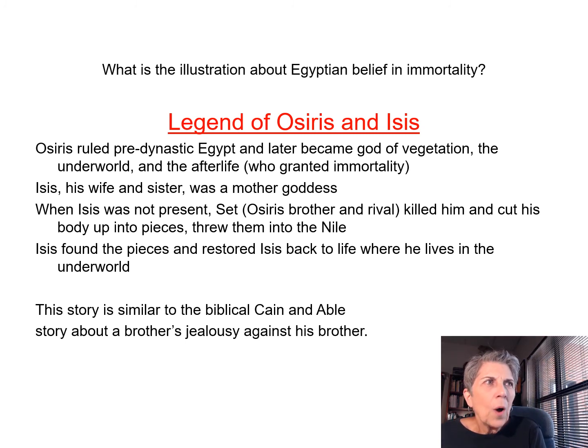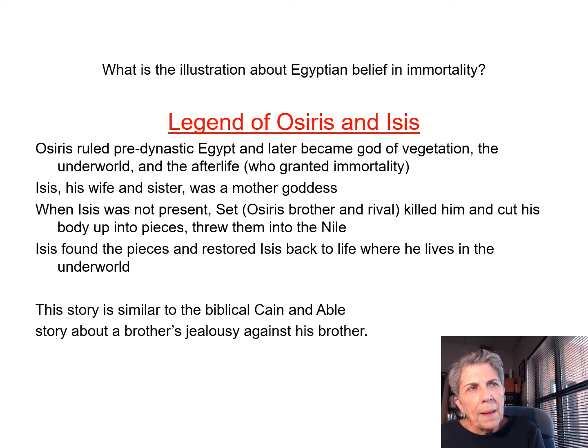So his wife and sister, don't let that confuse you, wife and sister. Isis is the mother goddess that goes and gets the parts and brings him back to life because his brother Set, his rival, had killed him and chopped him up and put him all over the world in different places.